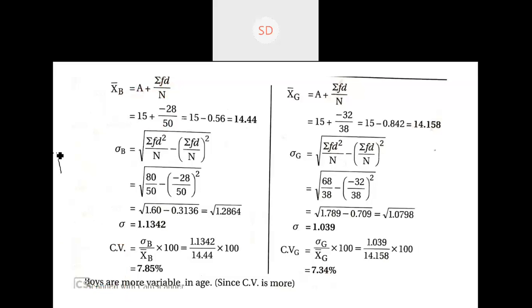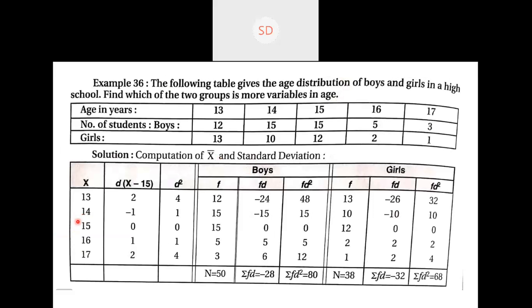Now assumed mean is 15, right? Assumed mean is the same for both of them. You cannot change assumed mean here. The assumed mean was this 15, and it is common for boys as well as girls, so we will keep 15 as it is. Now sigma FD for boys. What was sigma FD for boys?